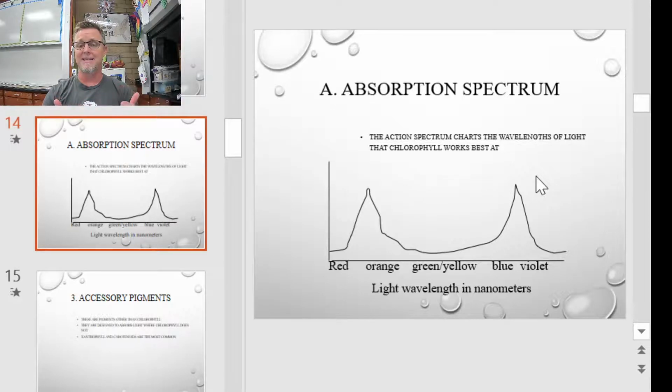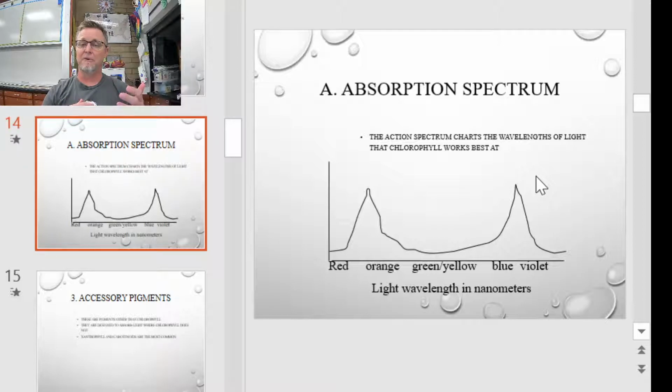Proof that they exist comes in the seasonal change of leaf color that we see during the fall. Basically right now plants have green leaves. It's summer. But as fall kicks in and the weather gets cooler and the amount of hours of daylight decreases, chlorophyll production slows down.